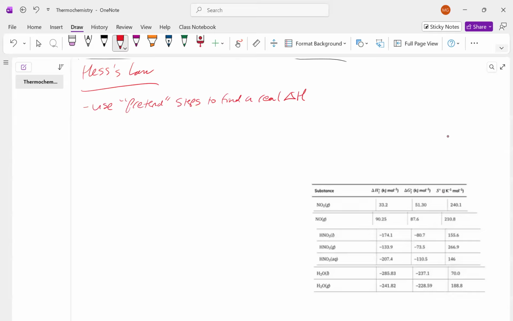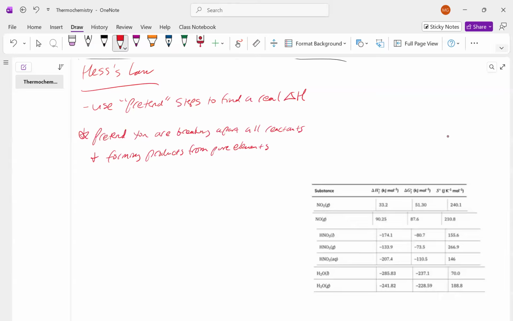One of these methods is we're going to pretend that you are breaking apart all reactants and forming products from pure elements.